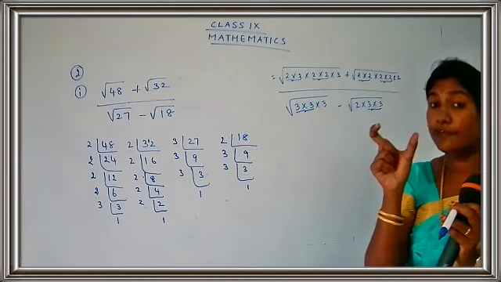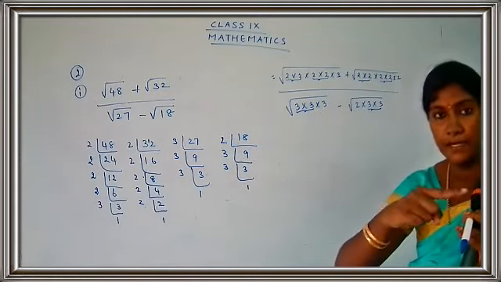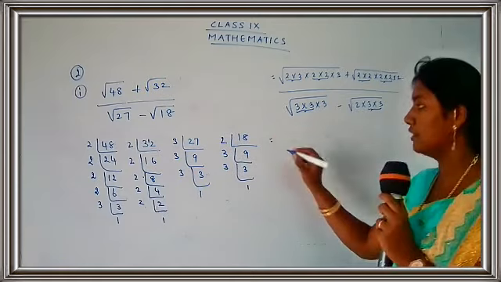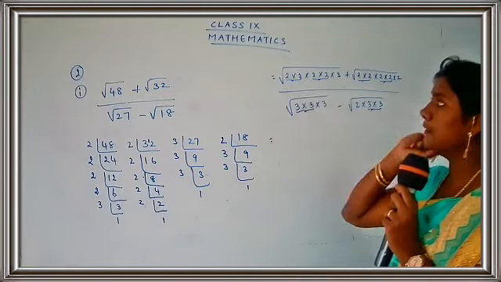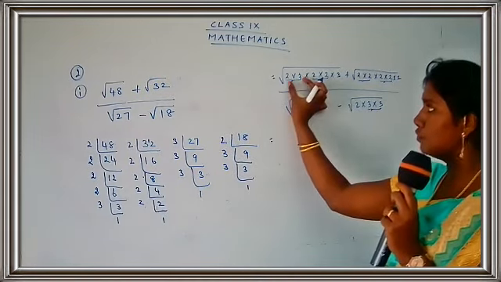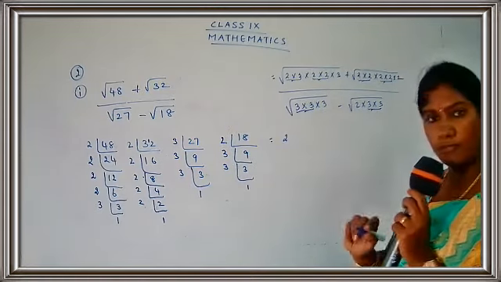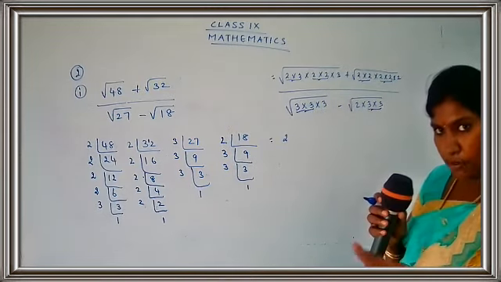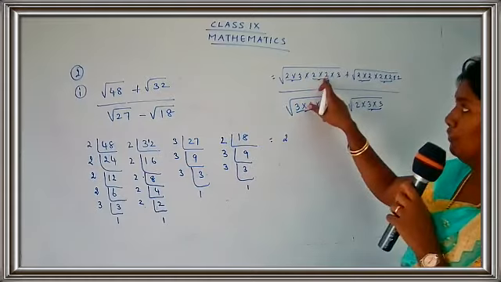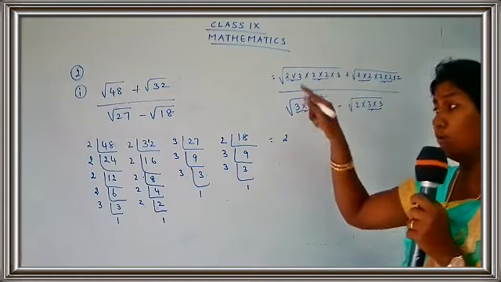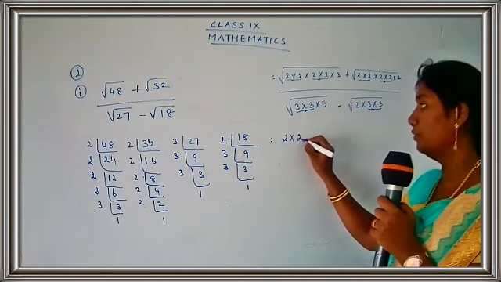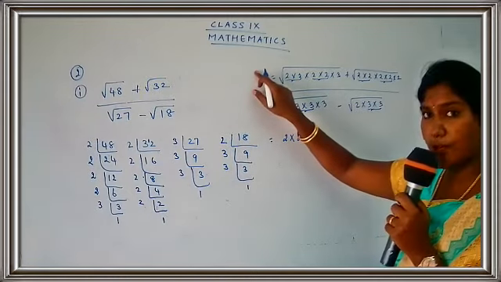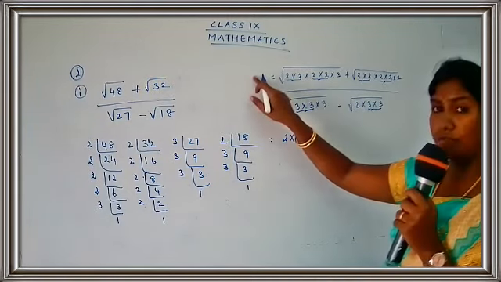That is, from a group, one number will come out. Just see here, this is 2 into 2, so from this group you will get 2. From this group, again one 2 comes out. So 2 into 2 comes out of the square root sign.